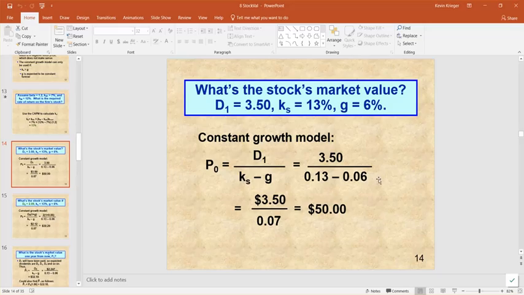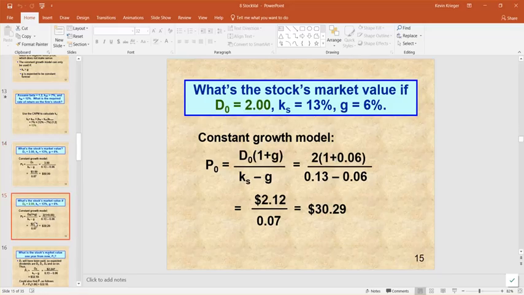You need to make sure you do the subtraction in the denominator first before you divide. So don't fall in the trap, with a calculator, where you divide by Ks first and then subtract the g. That would be wrong. A large fraction bar is the same thing in order of operations as implying parentheses on the denominator.